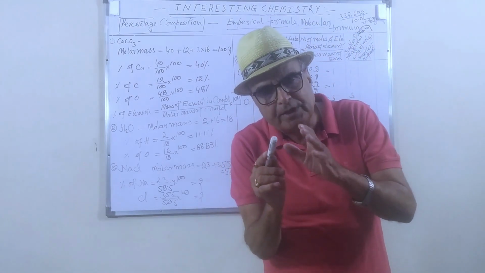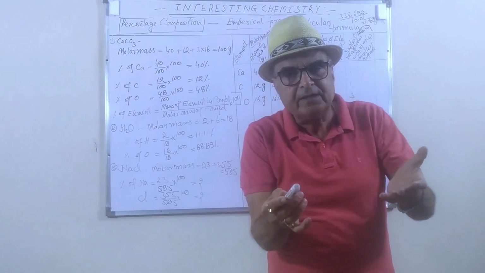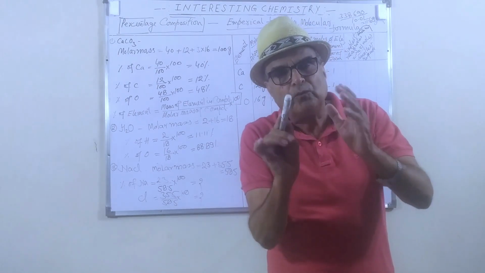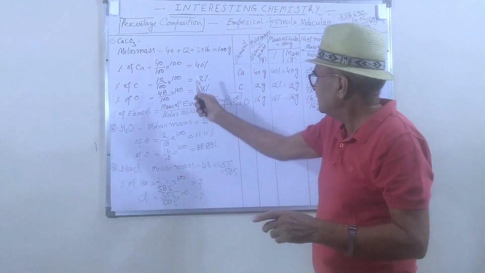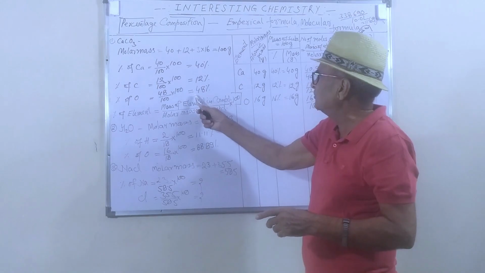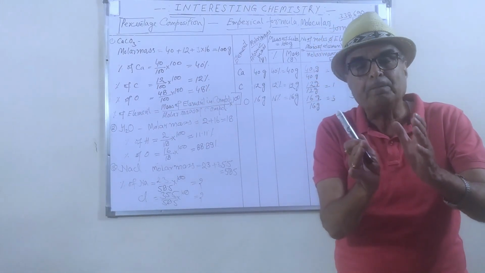Now I am going to explain in the same way how you get the molecular formula when the percentage composition is given. Suppose we take the example of this calcium carbonate. Here I have given a table for you.